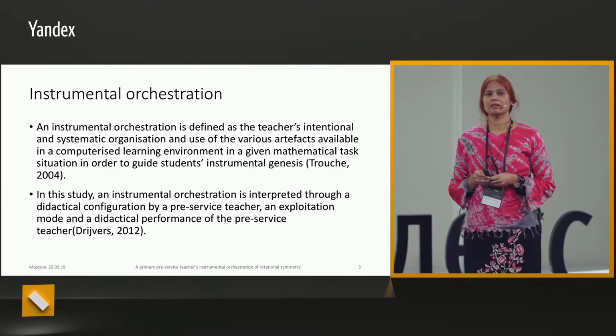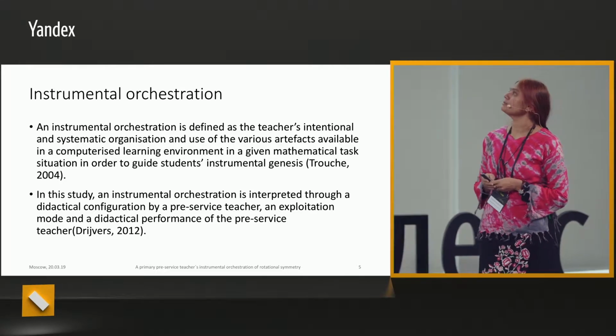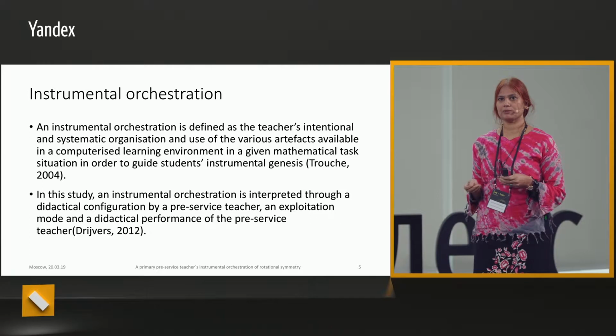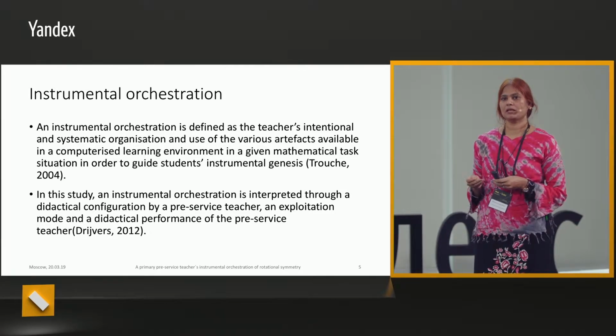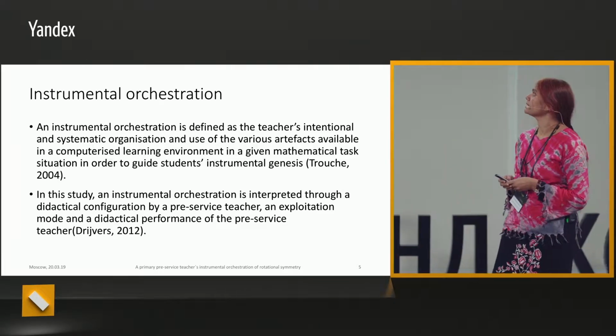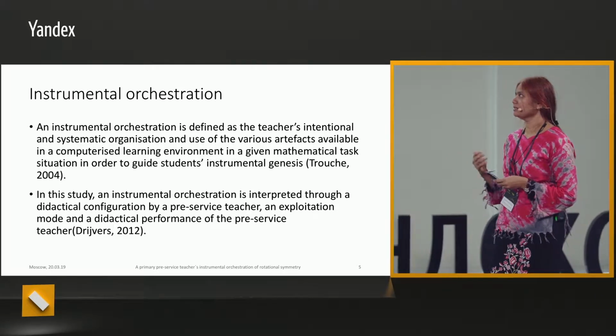In a similar way, a musician will be orchestrating many musical instruments. But in this setup, by instrumental orchestration I mean the pre-service teacher is trying to use many digital tools in order to produce a harmony. That's the way I interpret instrumental orchestration in this technology-based teaching and learning process.